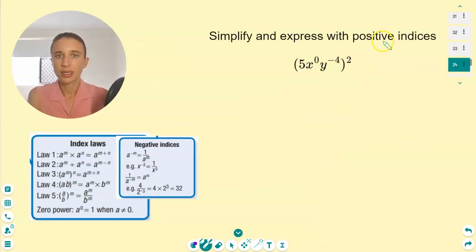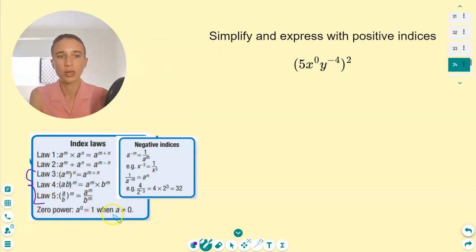Let's keep going. Simplify and express with positive indices. So here, what's going on? Do I know any index laws that will help me through this? All right, so I can see this clump being raised to the power of 2. So I know it's going to be one of these 3 bracket terms.